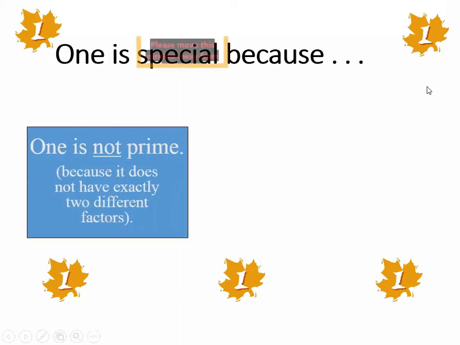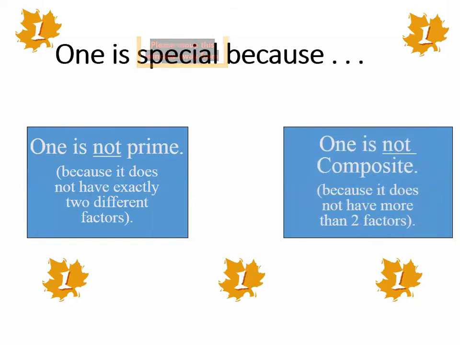Why is 1 very special? 1 is not a prime number. Keep this very important point in your mind: 1 is not a prime number because it does not have exactly two different factors. And 1 is not a composite number either, because it doesn't have more than two factors.